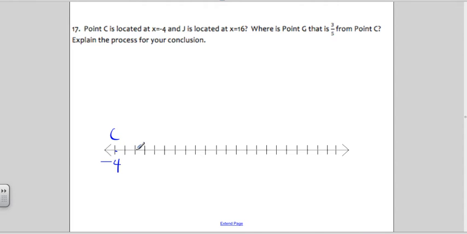So there's -3, -2, -1, 0, 1, 2, 3, 4, 5, 6, 7, 8, 9, 10, 11, 12, 13, 14, 15, and 16. There we go. And that is point J. Now, I want to find point G that is 3/5 of the way from point C.